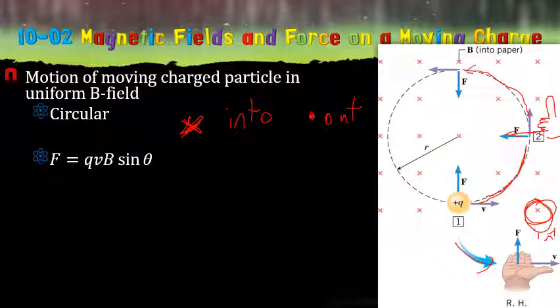Once we're up here, our thumb is going left, our fingers are still going into the paper, and our force is coming down towards the bottom of the paper. So curve it over to here, and at this point, our thumb would be going down, our fingers are still going into the paper, and our force is going towards the right. Bend it around that way.